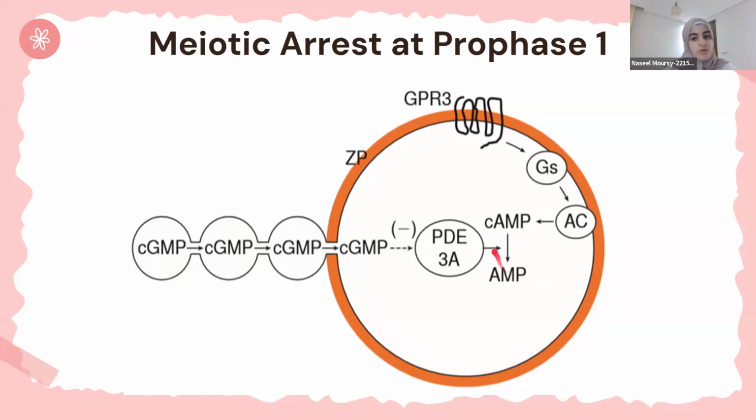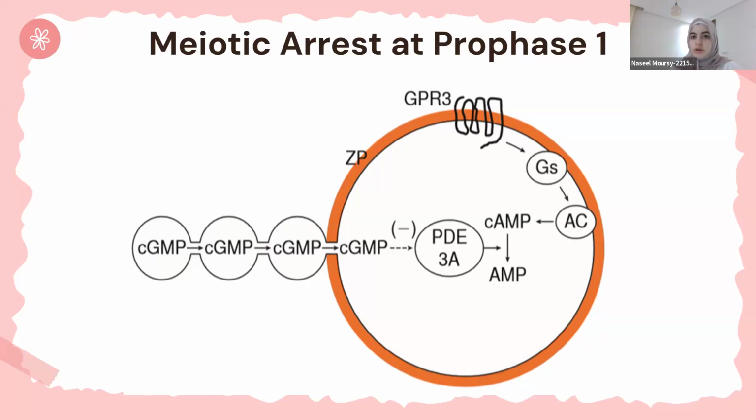Now, usually in cells, we have phosphodiesterase that inhibits cyclic AMP, correct? Now, why doesn't that work in the oocyte in this case? Because of cyclic GMP. Where does the cyclic GMP come from? It comes from the granulosa cells, okay? So remember the gap junctions we talked about? We said that the granulosa cells and the oocytes are connected to each other through projections that have gap junctions.